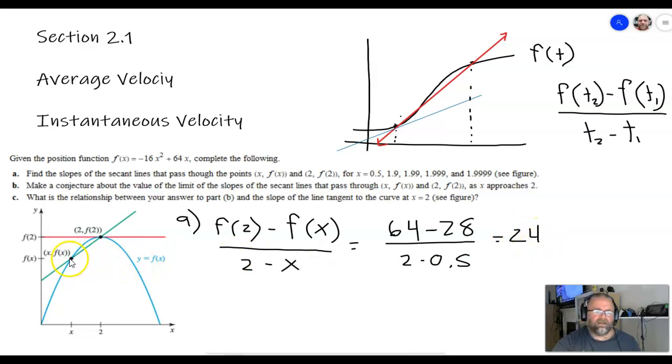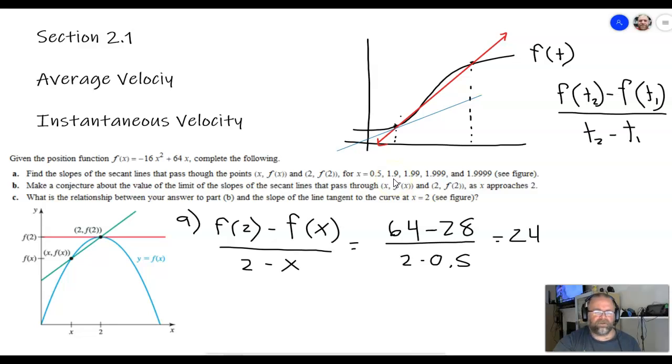Wherever x equals 0.5, it's probably right about here, the slope of that secant line going through that point is 24.